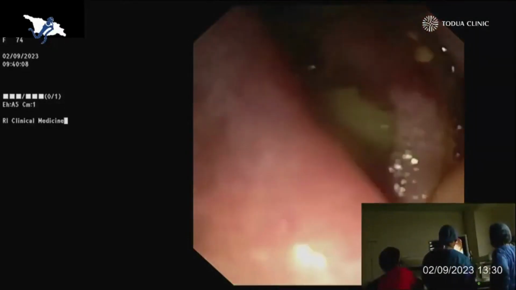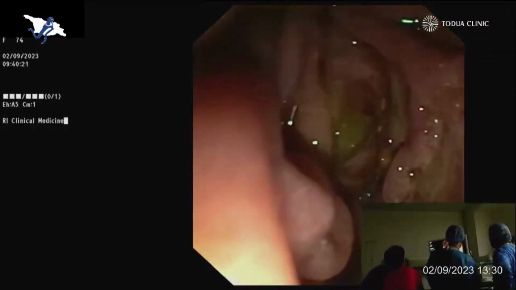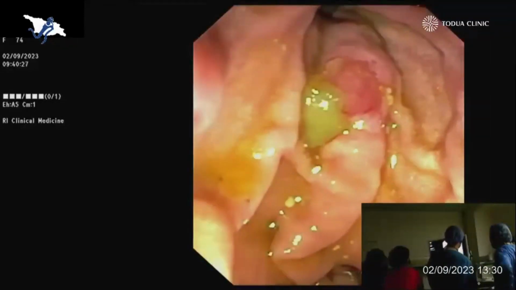And what you may appreciate, there is no opening of the pancreatic duct. There's no mucus coming out. We have here this large diverticulum, so this is a little bit dangerous examination, because we have to be careful with insufflation of CO2. So I'm always trying to suck out the air.